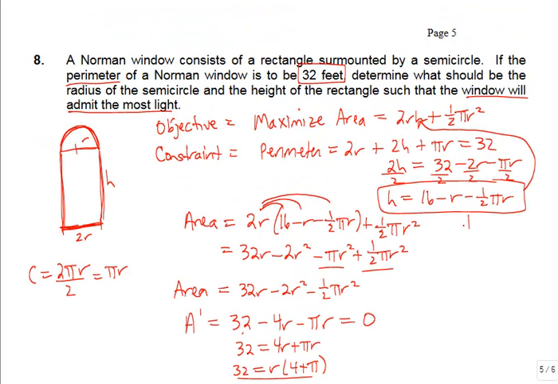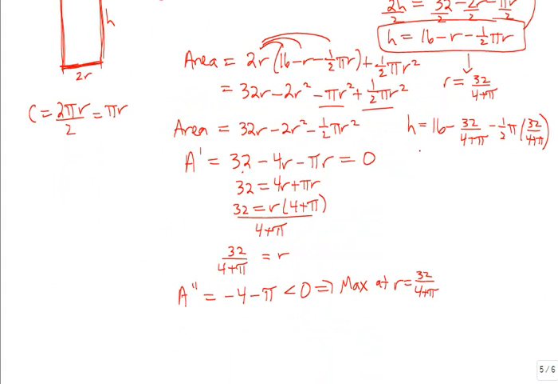So we're going to go over here, and we're going to let r be this 32 over 4 plus pi. Now you can get a decimal for that if you like. I'm going to try to do this exactly for this problem just to show you. So when I go to simplify here, we're going to have 16 minus 32 over 4 plus pi minus 2 goes into 16, or into 32 16 times, so this will be 16 pi over 4 plus pi.